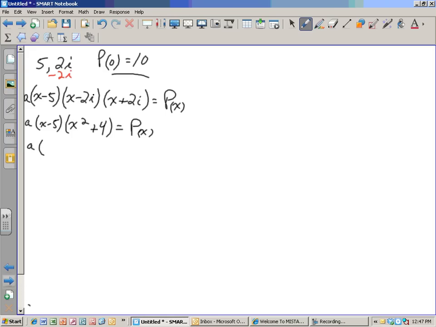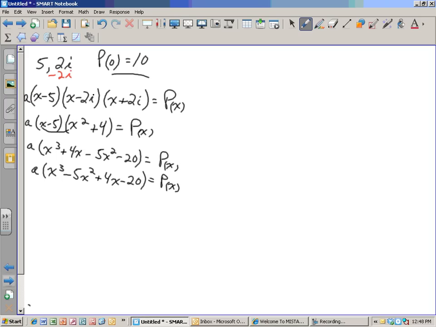Okay? And let's distribute. I have x cubed plus 4x minus 5x squared minus 20 equals this polynomial. But I need to find out what a is. I'm going to rewrite, just to put in the parentheses, I want to put that in standard form. Don't have to.